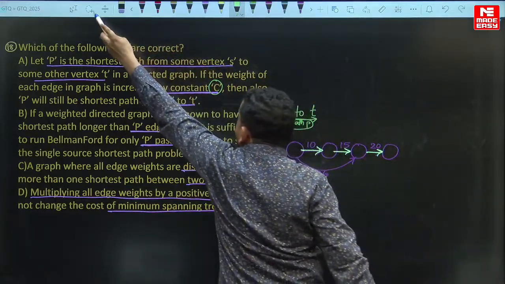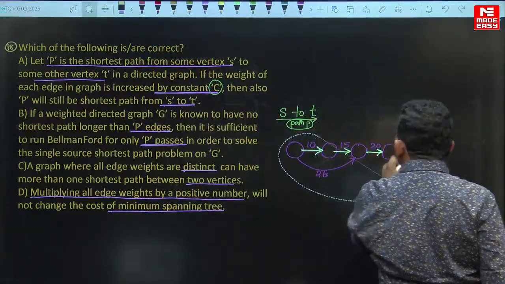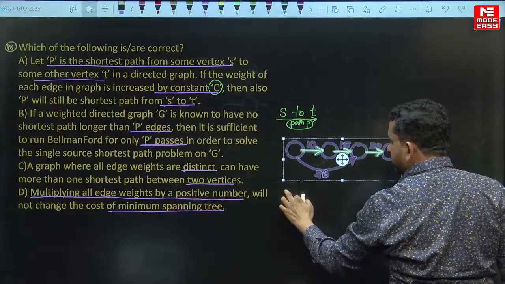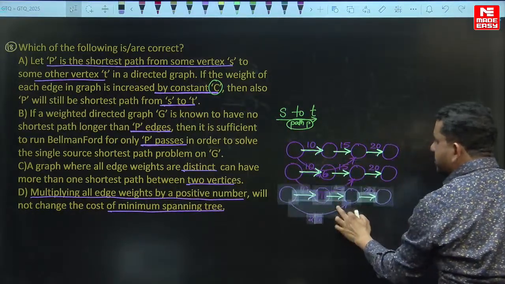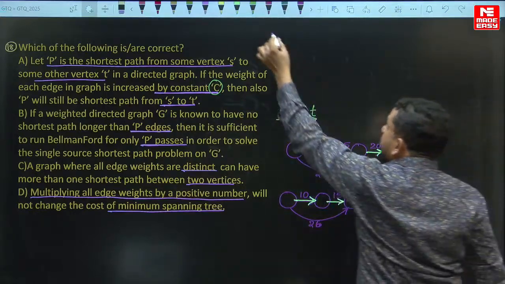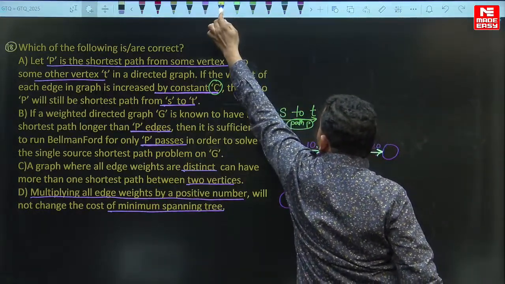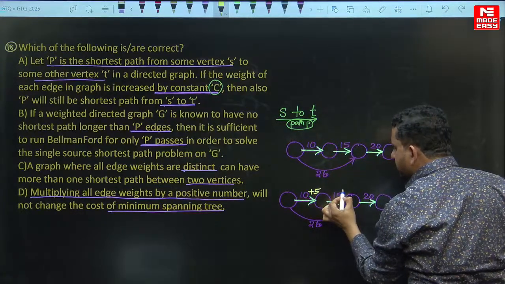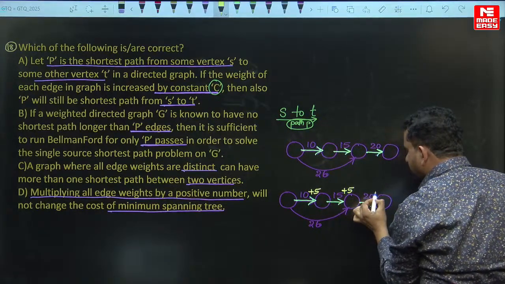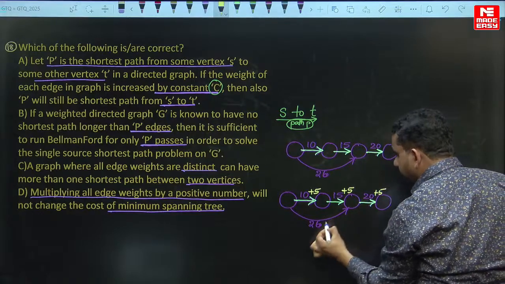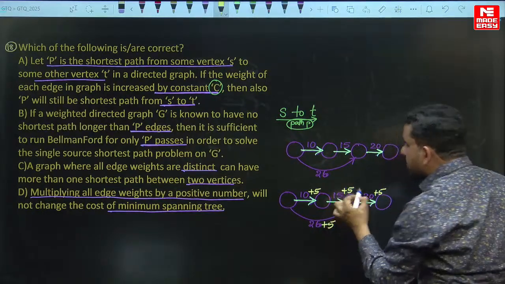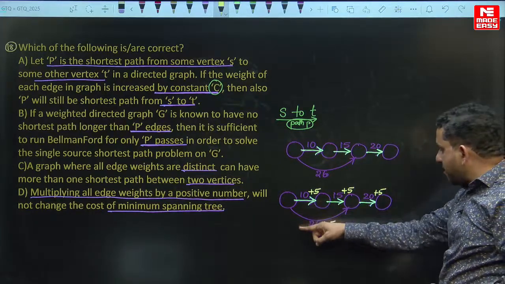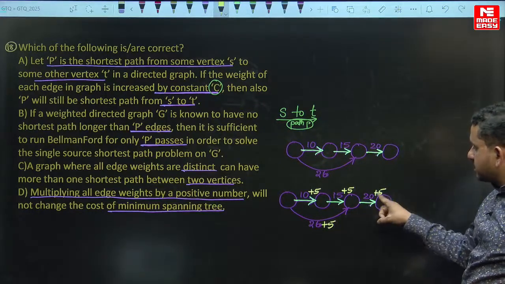Now if you add a constant to all the edge weights, let's say every edge is increased by plus 10 or plus 5, now the previous path gets 15 added, but this other path gets only 10 added because only two edges are involved.